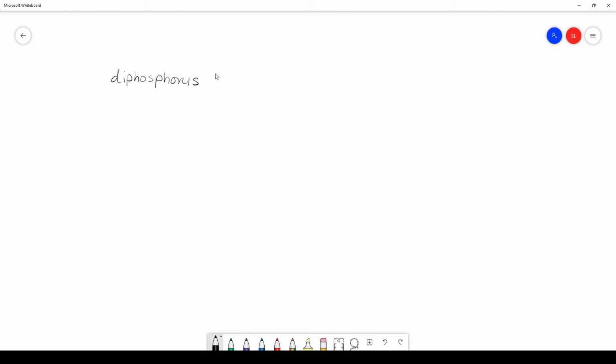When we look at the name of a molecular compound, we see that it consists of two words. The first word has to do with element 1, and the second word has to do with element 2. And these elements may or may not have a prefix attached to them.